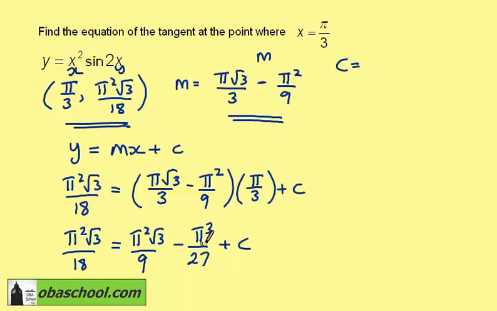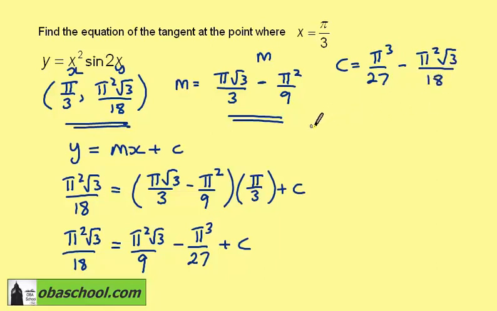Adding π cubed over 27 to both sides and subtracting π squared root 3 over 9 from both sides will give us π cubed over 27, and π squared root 3 over 9 is twice π squared root 3 over 18, so this will give us minus π squared root 3 over 18.